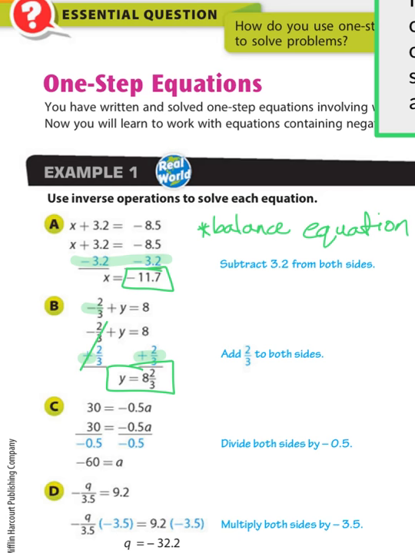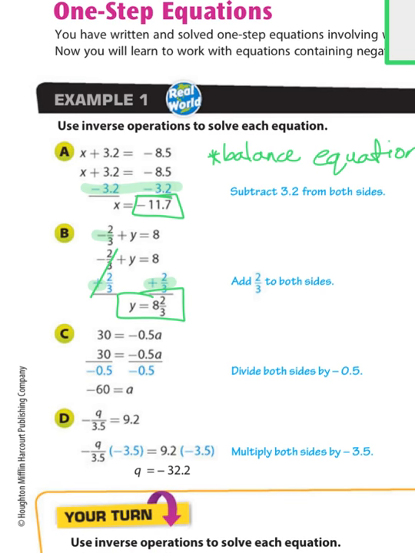Next example, I have 30 equals negative 0.5a, or negative half of a. To undo that multiplication, because 0.5a is really 0.5 times a, I need to use division. So we're going to divide both sides by negative 0.5.